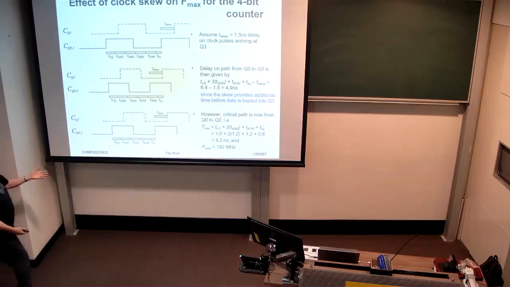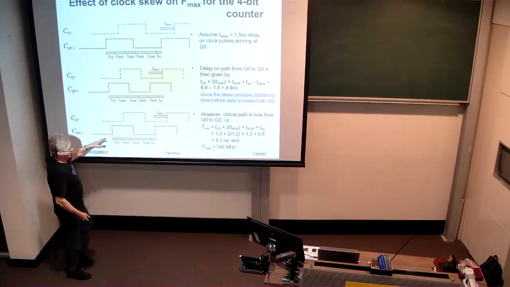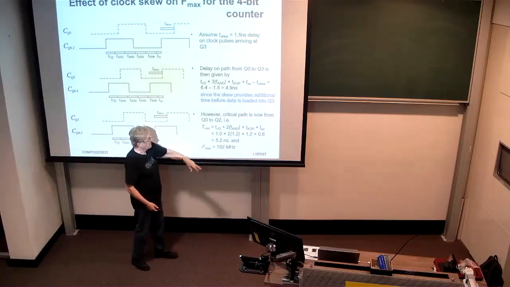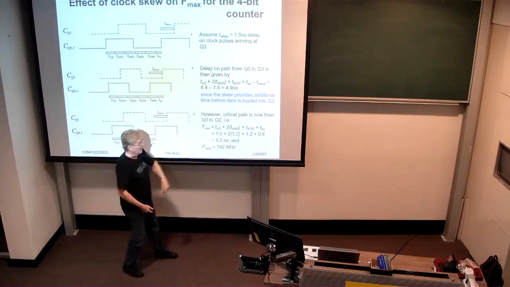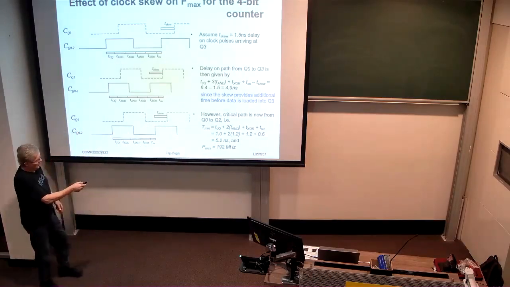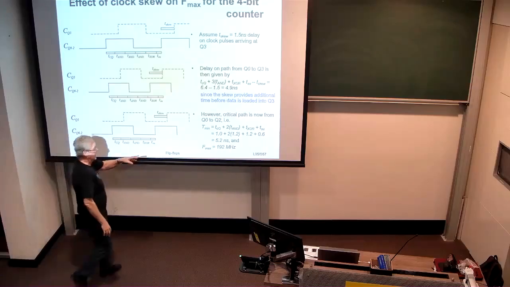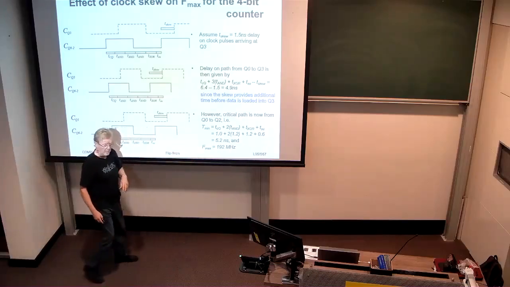But now the critical path length is actually on the path from Q0 to Q2, which is longer. It's 5.2 nanoseconds, than the 4.9 nanoseconds that we derived for the skewed flip-flop. And so we still have to be careful about how quickly we toggle this counter.